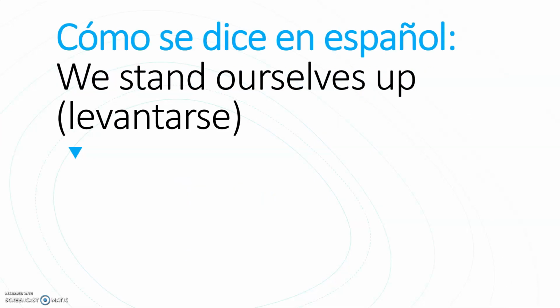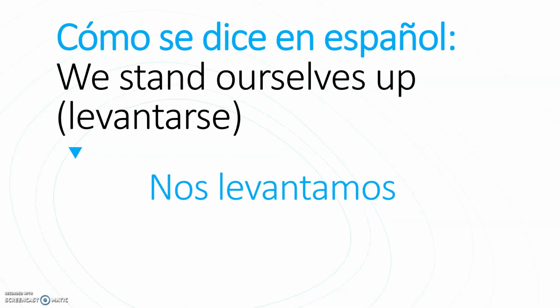Y por fin, ¿cómo se dice en español, we stand ourselves up? The verb is levantarse. Okay, this one is nos levantamos. It sounds similar to levántate, and the te in levántate is referring to you standing yourself up, but this is we.